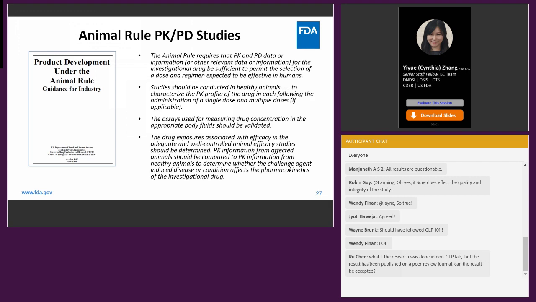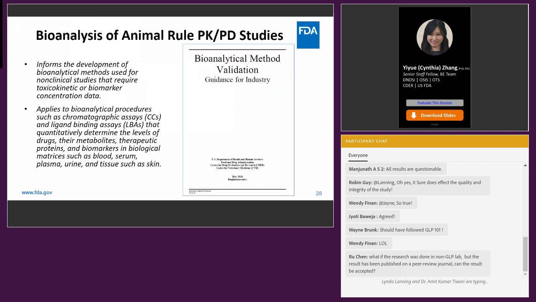The drug exposures associated with efficacy in the adequate and well-controlled animal efficacy studies should be determined. And the PK information from affected animals should be compared to PK information from healthy animals to determine whether the challenge agent-induced disease or condition affects the PK of the investigational drug.